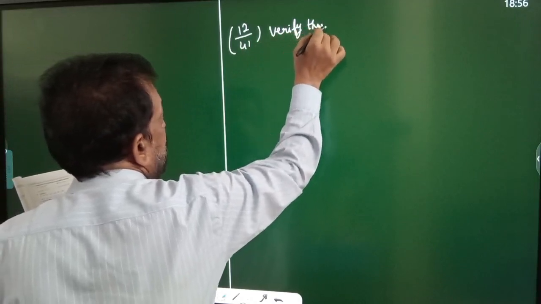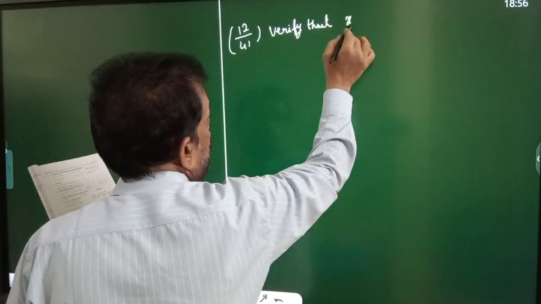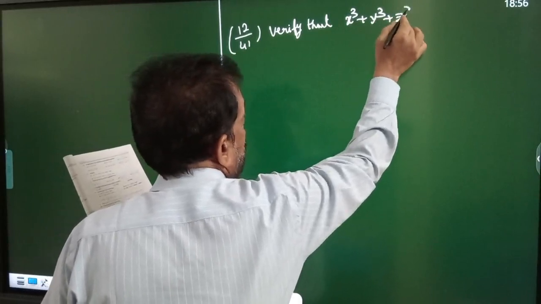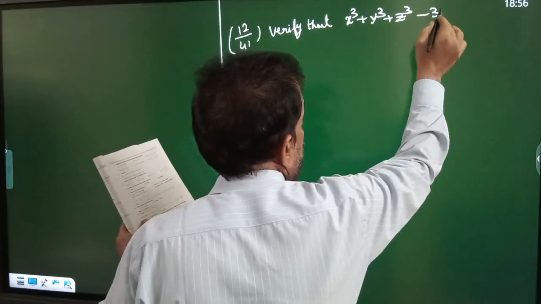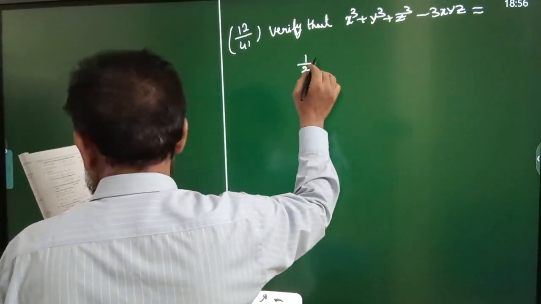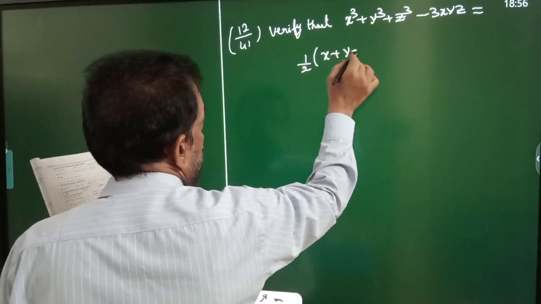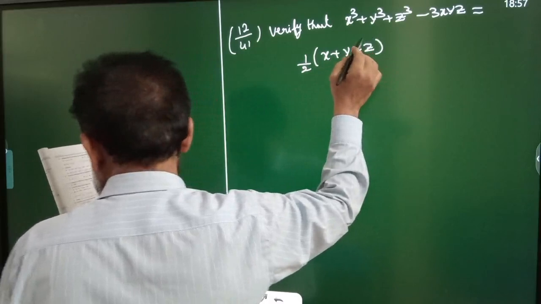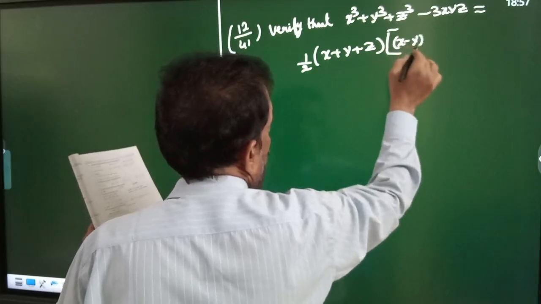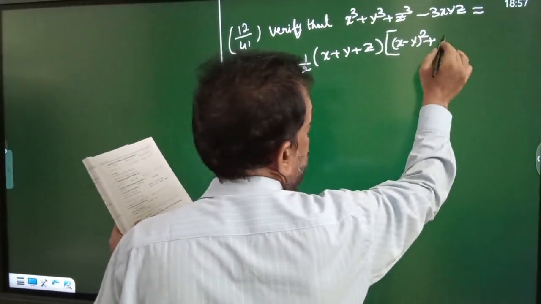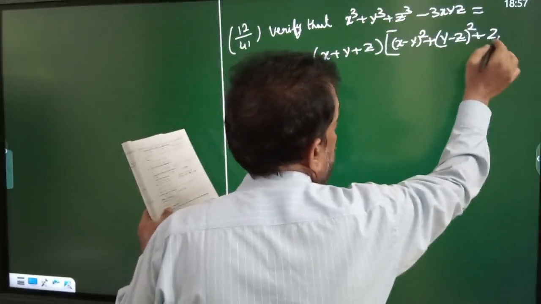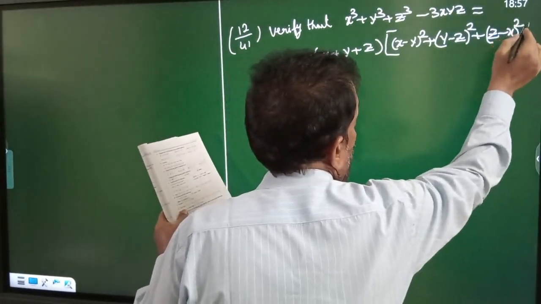Verify that x cube plus y cube plus z cube minus 3xyz is equal to 1 by 2 into x plus y plus z into, you can write, x minus y whole square plus y minus z whole square plus z minus x whole square.